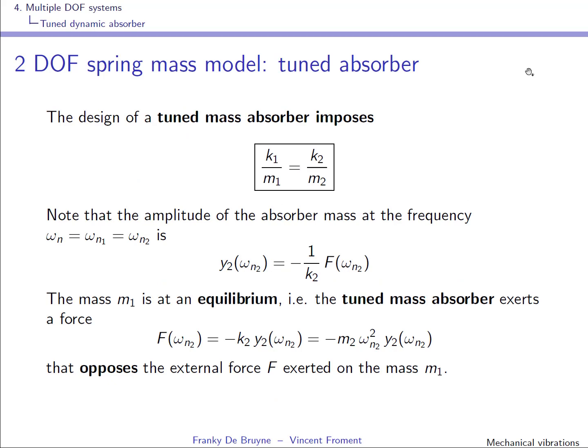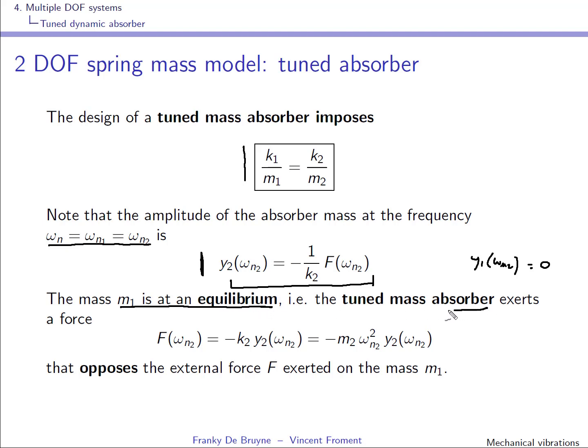So this is what we've seen in the previous slide. I've shown you that if you consider the system at the natural frequencies omega n1 equals omega n2, the position of the second mass was given by this equation. Of course, since y1 is equal to 0 at that frequency, the mass is at equilibrium.